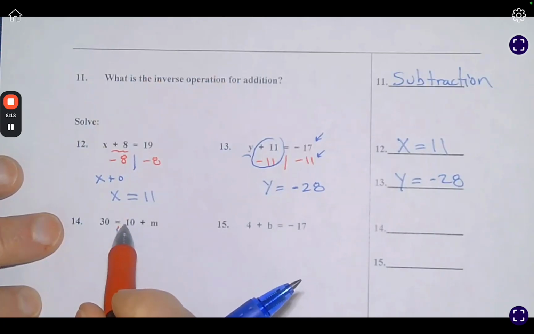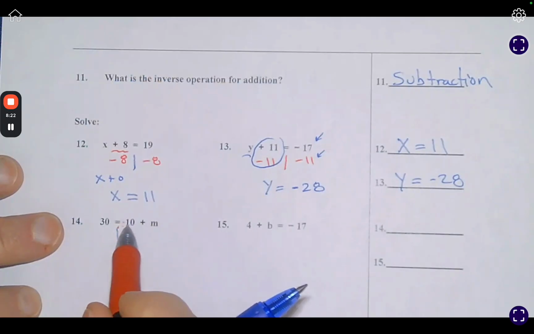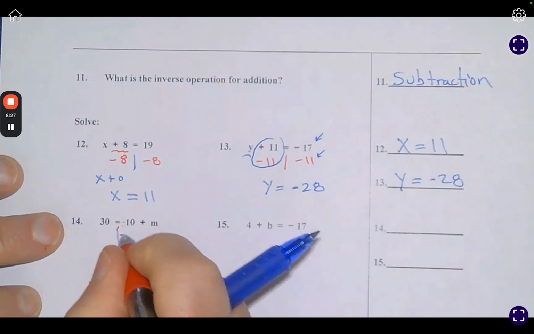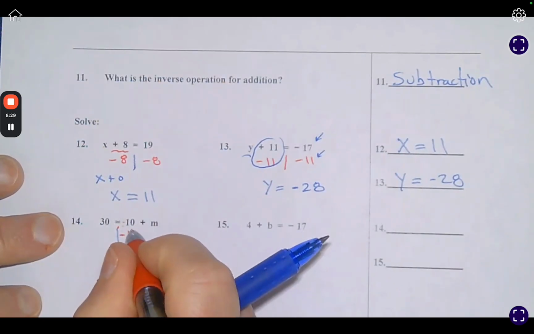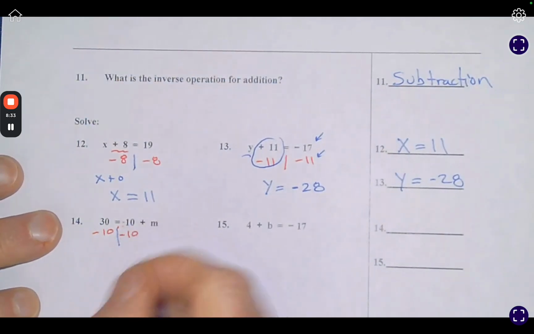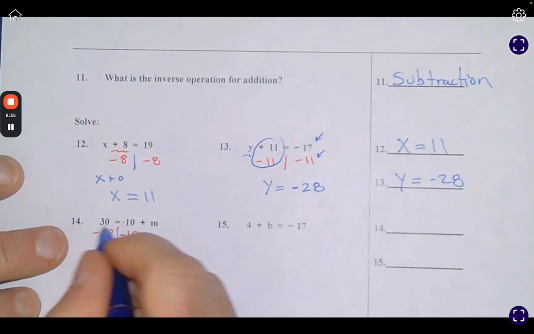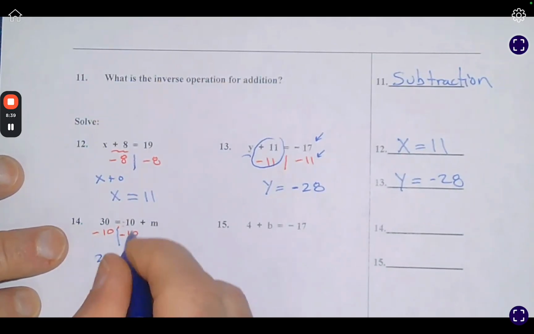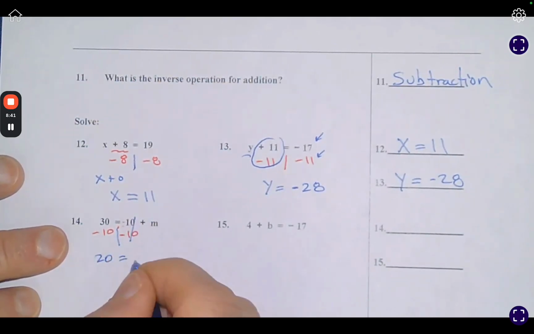But what I know is because there's no negative in front of it, it must be a positive 10. So the inverse operation for a positive is a negative. Do it to that side of the equal symbol and that side of the equal symbol. Now we simplify. Simplify means perform the operation. 30 minus 10 is 20. That 0, boom, equals m.